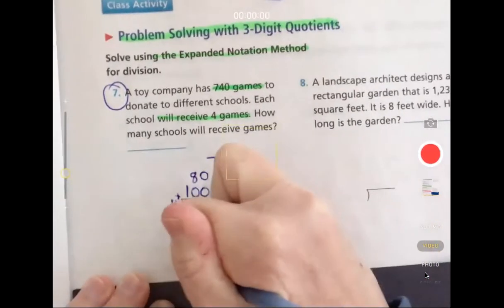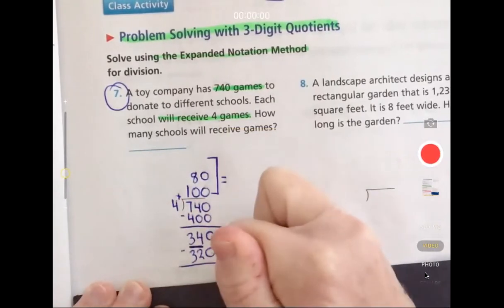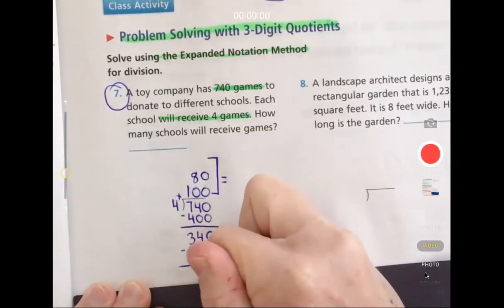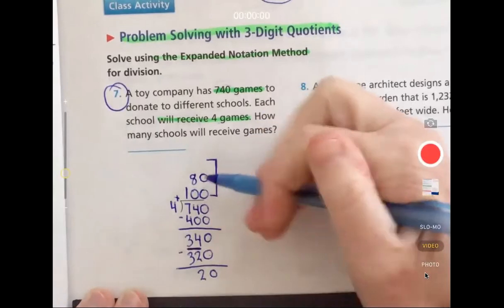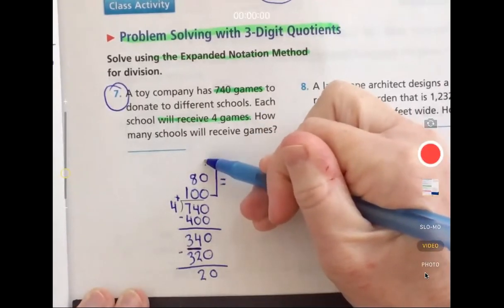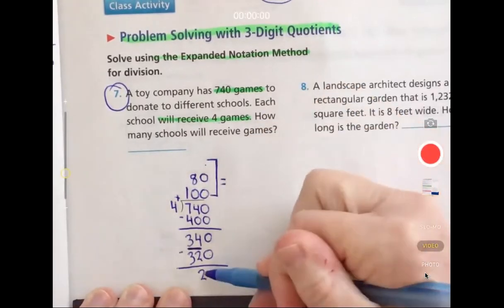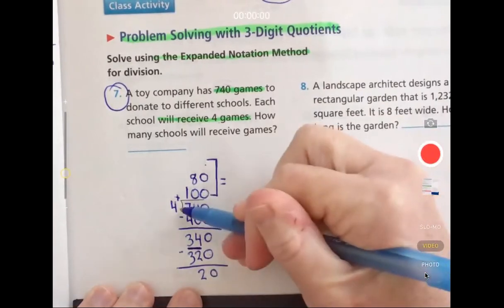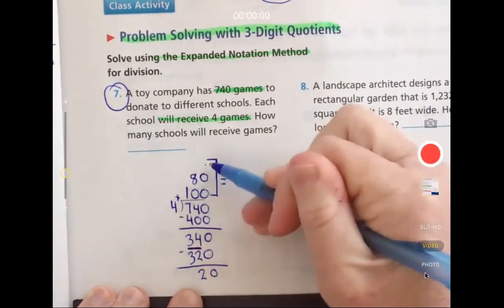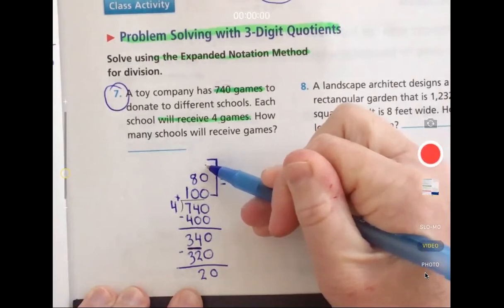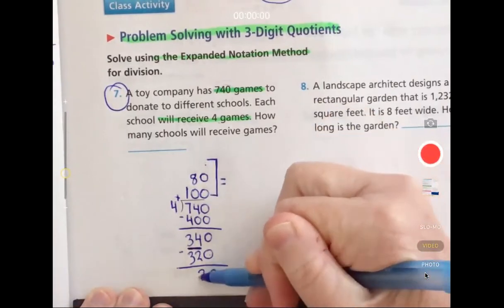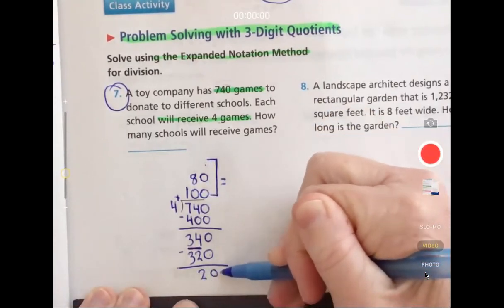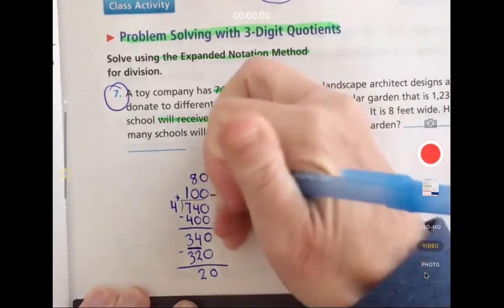Okay, let's subtract. 0 and 2. All right, I'm going to the ones place, right? That's going to be my last one. I have 20 left. In my mind, I'm thinking 4 times what? What one-digit number can get me really close to 20 without going over? This one should be easy.